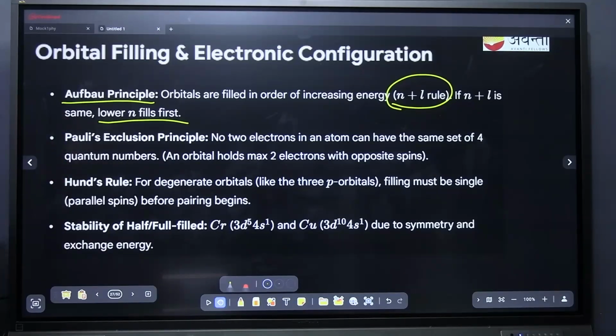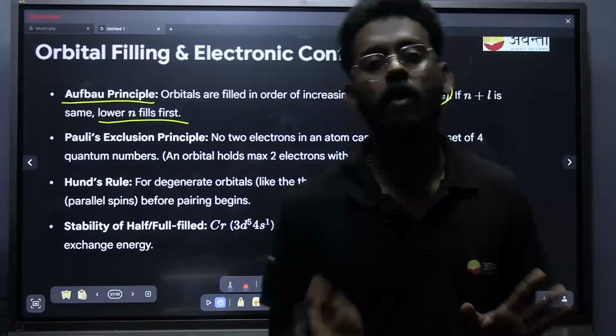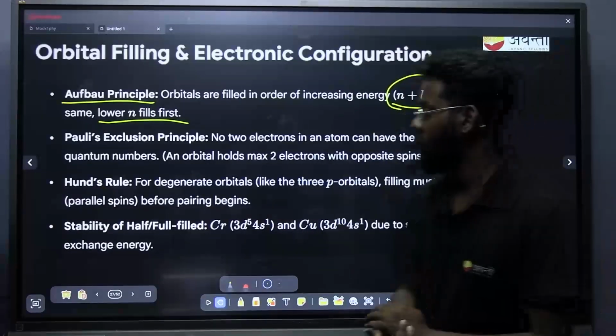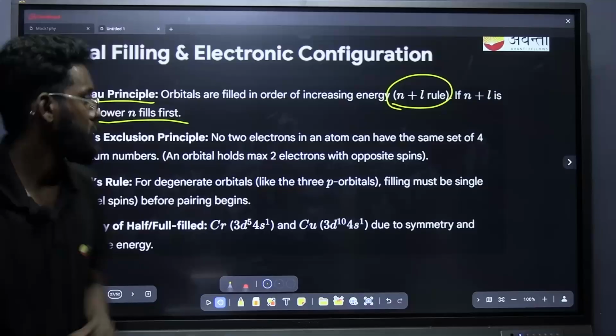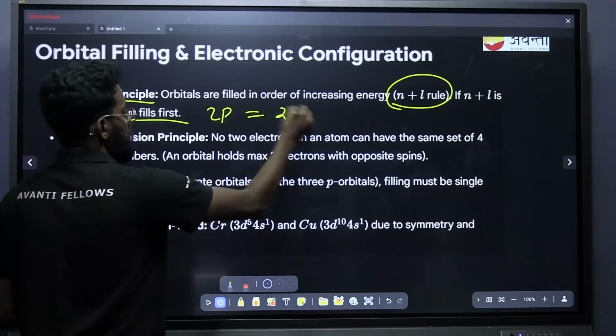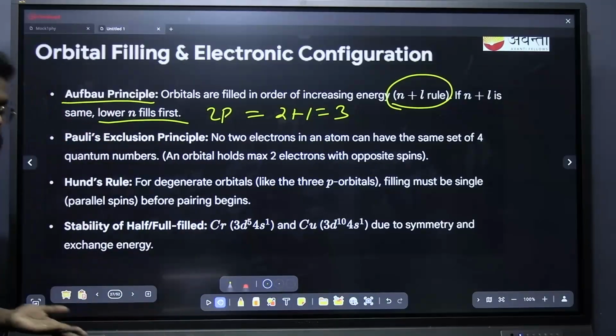Higher n value will have higher energy. First you go for the n plus l value; if it is the same, then you go for the n value. For example, for 2p, n is 2, l is 1, so n plus l value is equal to 3.